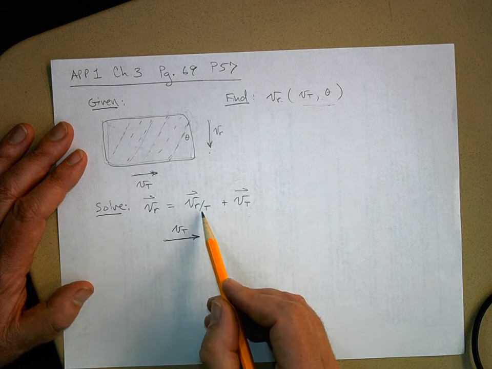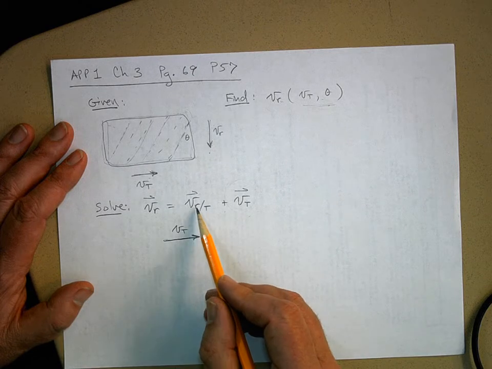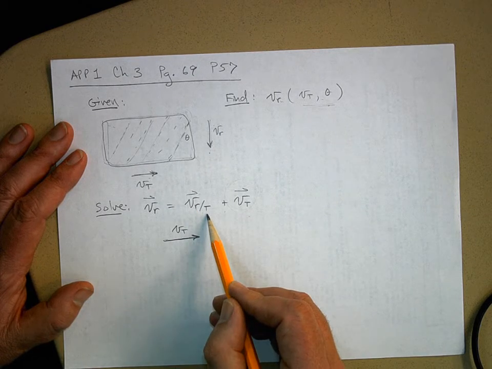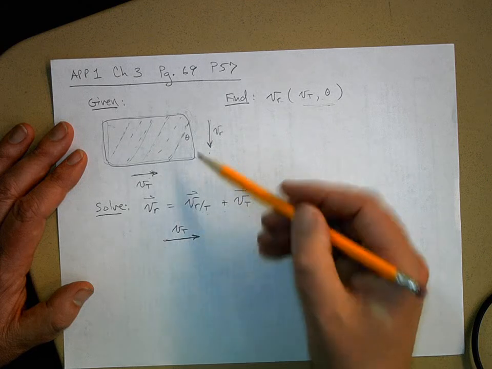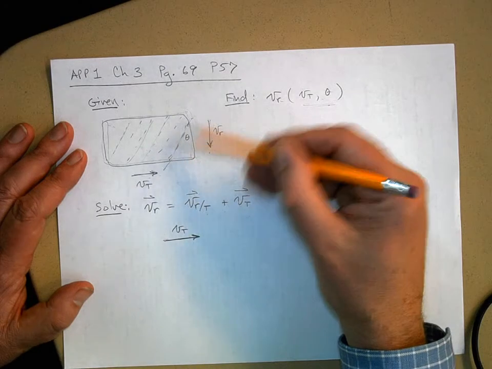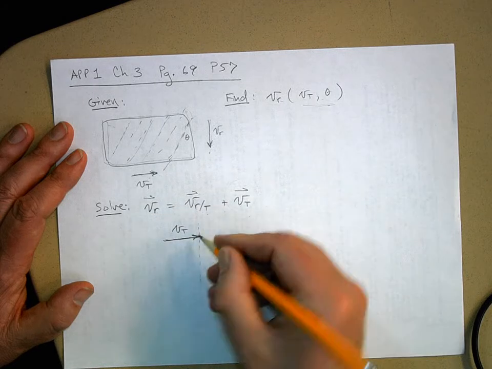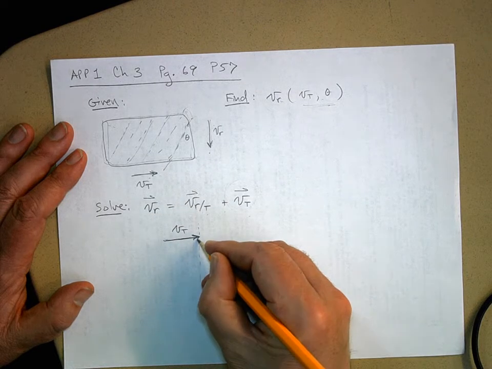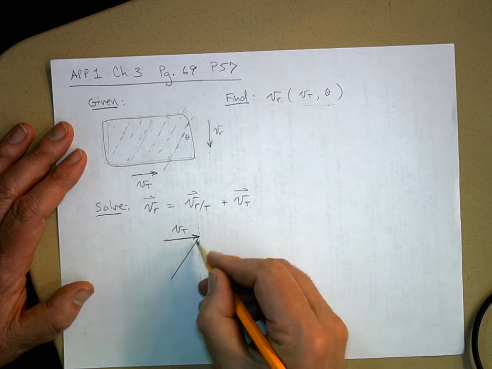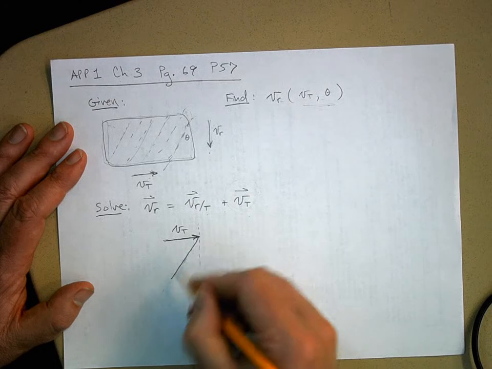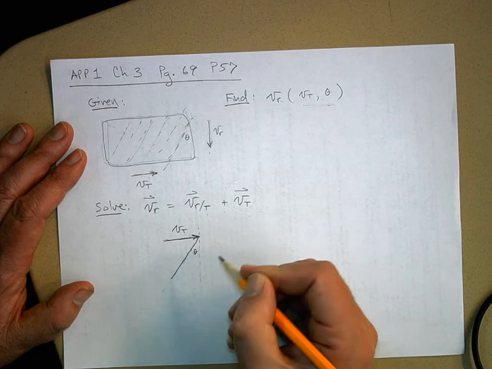Now, plus the velocity of the rain compared to the train. Well, we know that that's at some angle from the vertical. So here's the vertical, and here's our angle theta. I don't really know exactly how long to draw this. Here's theta right here.